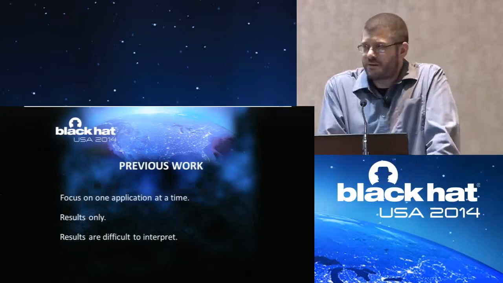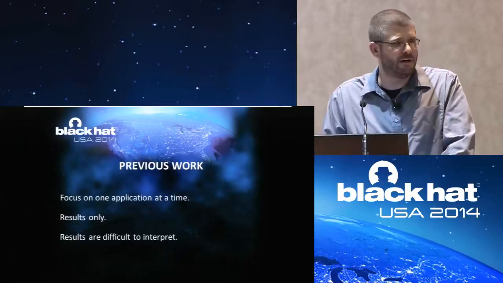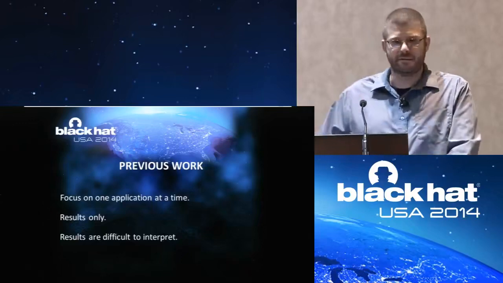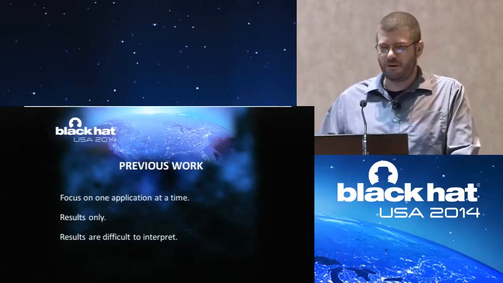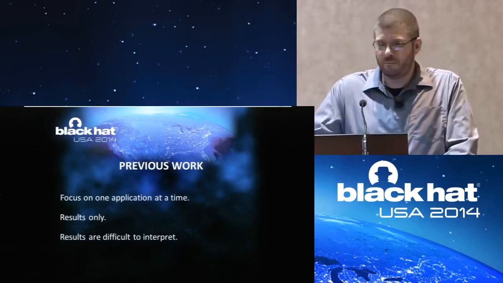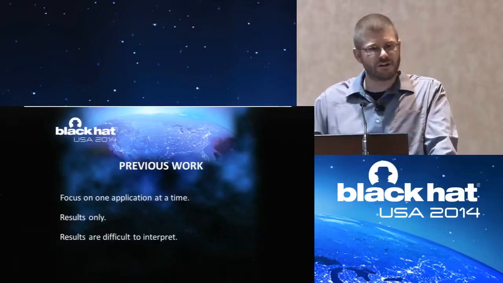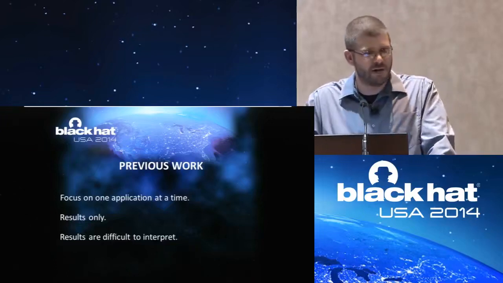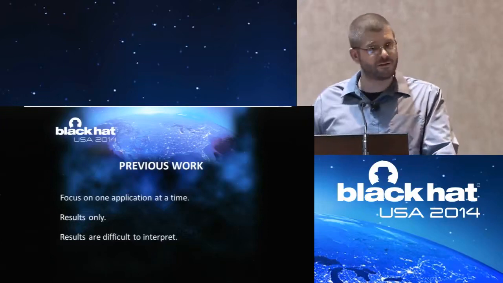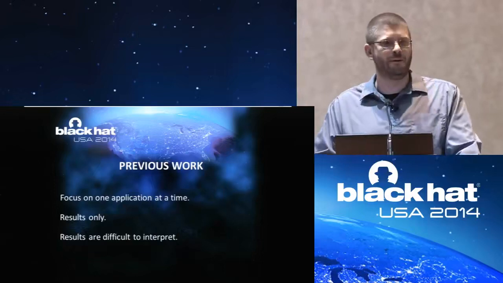Other issues with the previous work is that pretty much all of them focus on one application at a time. Our tool is meant to work on almost any type of encrypted tunnel, and it will work with pretty much any application. When I say application, I don't just mean a standalone application such as Skype, but for instance, this also works fairly well for identifying that somebody is visiting Facebook using Chrome.